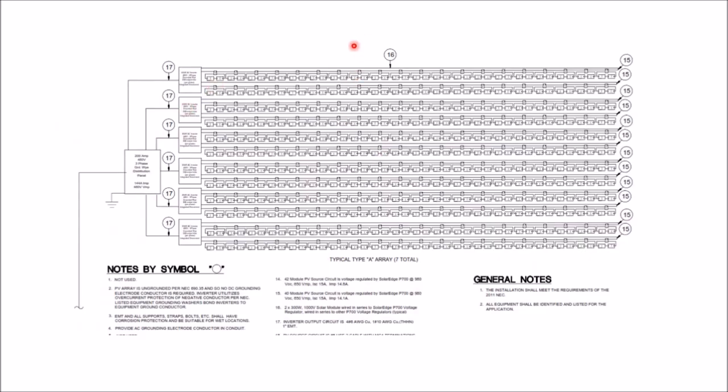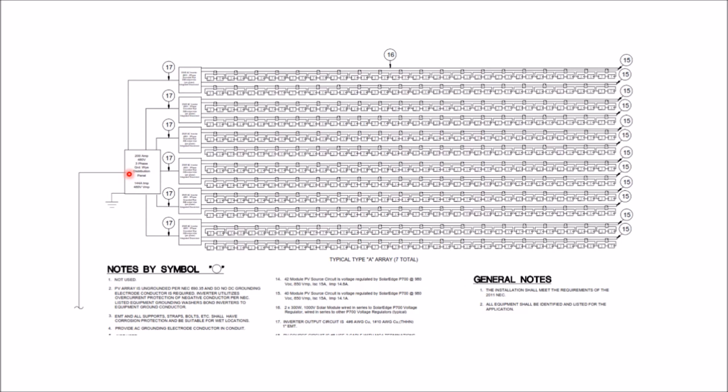And then here's our one-line diagram of SolarEdge power optimizers going into each SolarEdge inverter. On these service panels here, we have 1, 2, 3, 4, 5, 6 inverters. So actually on this distribution panel, we don't need to have a main breaker.